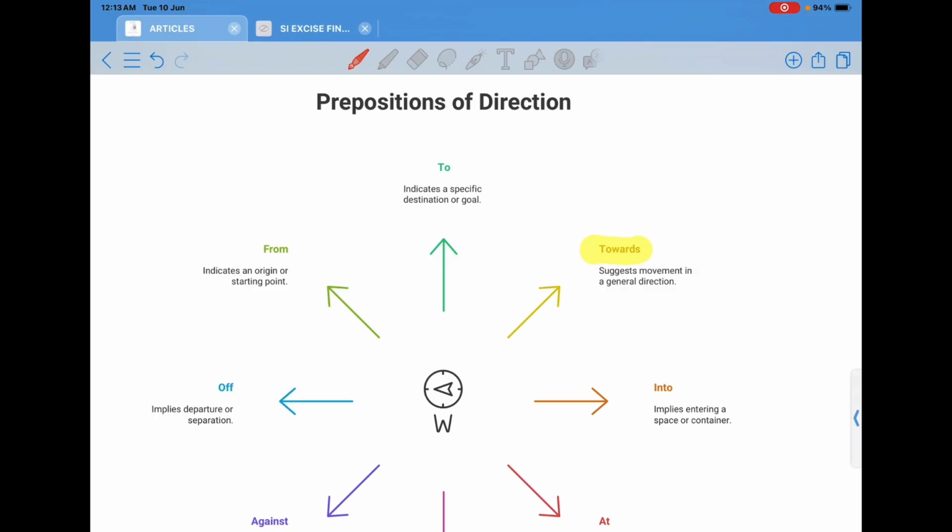Next, into. Into denotes motion towards the inside of something. Towards is outward, like he is coming towards me in an open field or in a room. But into means it is inside something. For example, she fell into a ditch.